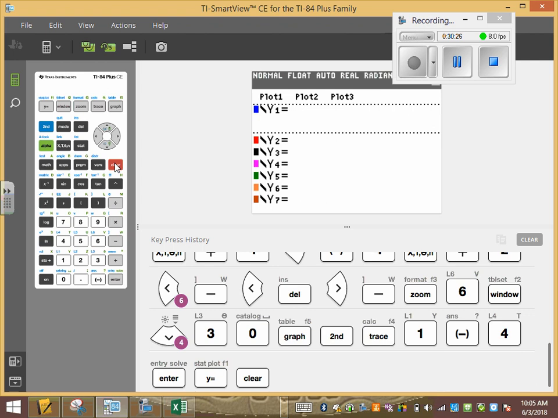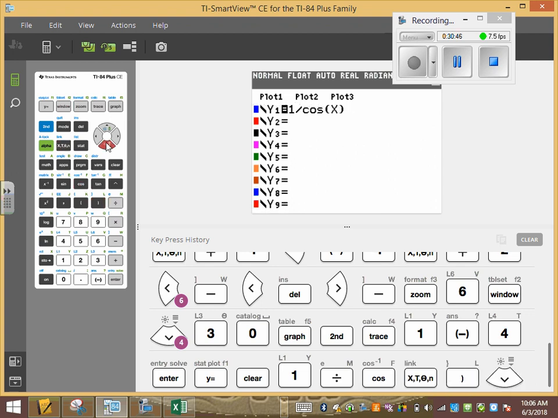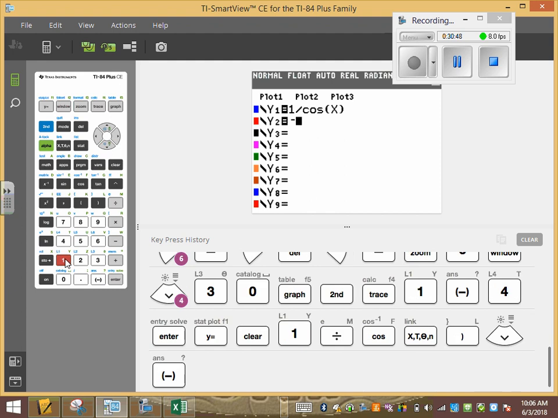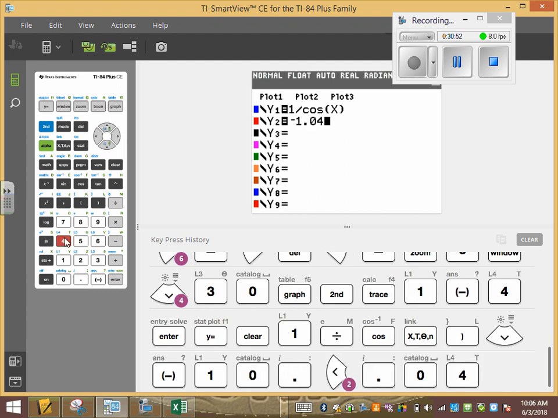So I have to type secant theta into y1. Well, I can't type in secant theta, but if I look at my formula sheet, secant theta is 1 divided by cos theta. So that's secant theta, and on the right-hand side I can go negative 1.046. Unless this is an algebraic one, you could always check it this way as well.